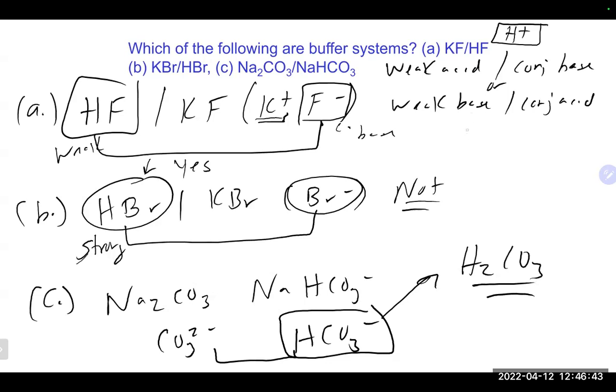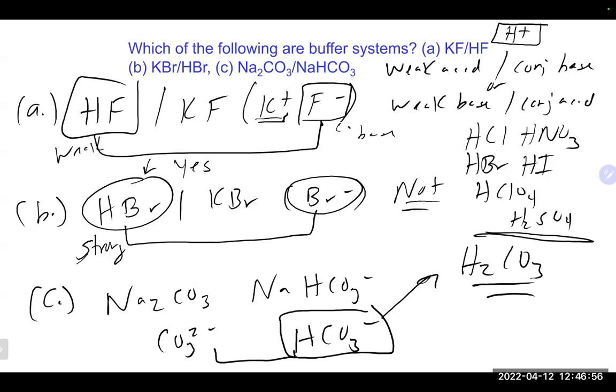Again, if you're not sure, you want to think about that list we've seen a number of times. These are our strong acids, right? Is it one of those on that list? It is not. It's actually a diprotic acid. It's a weak acid. And that means that this is probably going to be weak as well. That's like after the first hydrogen came off, right? Ka2 situation happening there. So this would be a buffer.